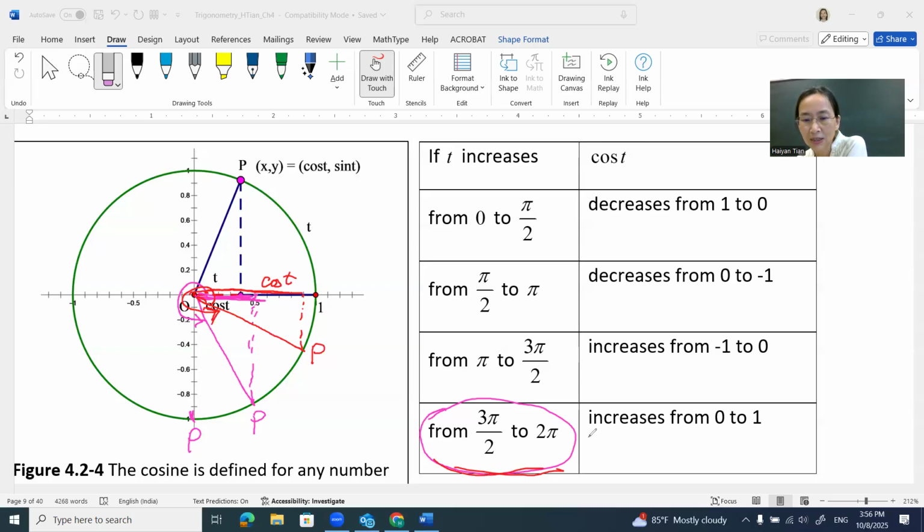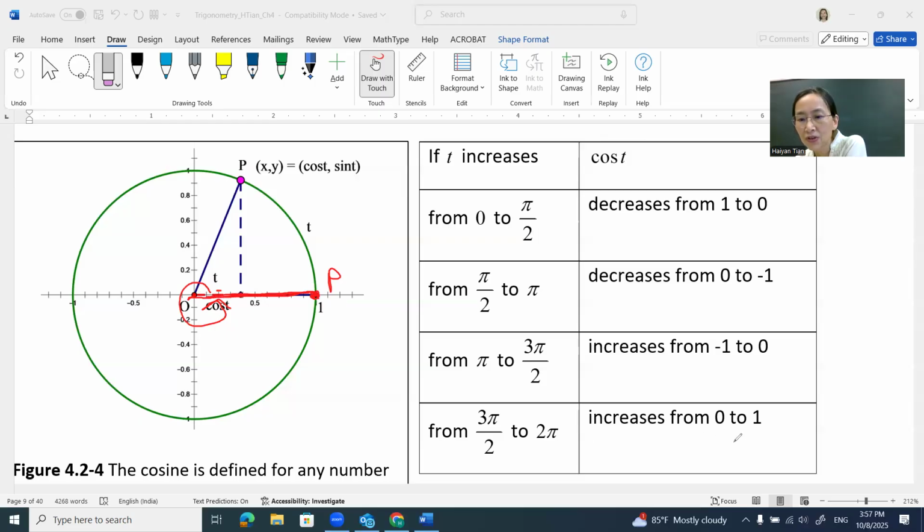In this range, when t increases from 3 pi over 2 to 2 pi, the cosine of t increases from 0 to 1, because at the very end, when t is 2 pi, that's the point P, its x coordinate will be 1. So it's non-negative, right? From 0 increasing to 1.